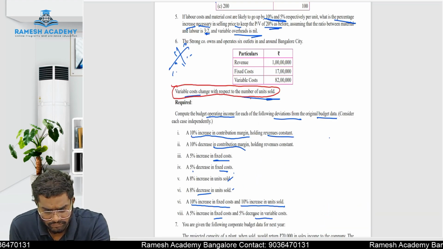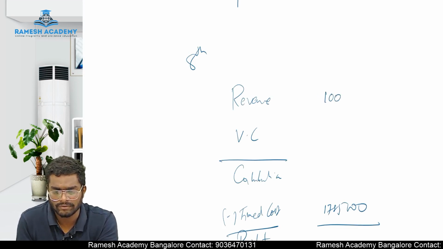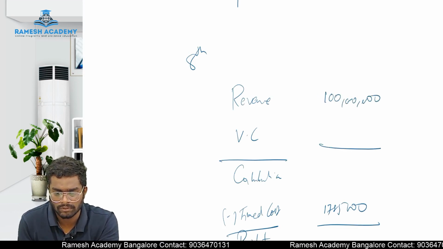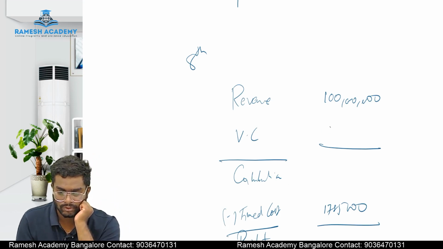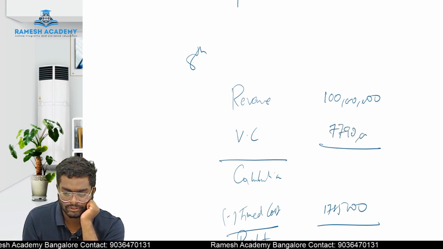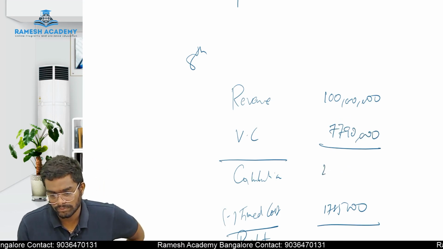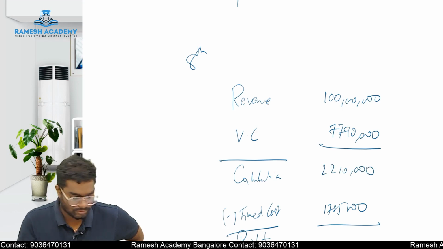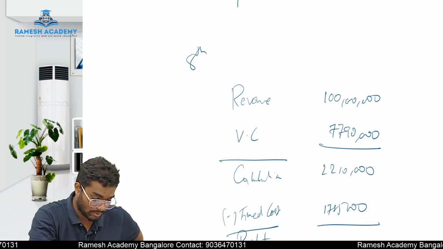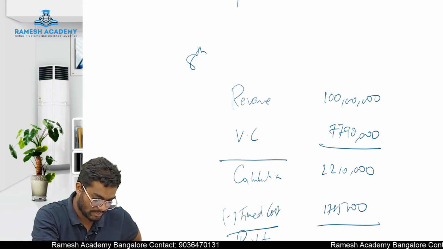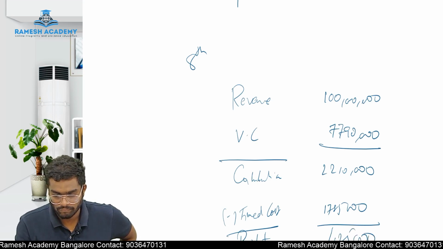Done, and there is still 5% decrease in the variable cost. So variable cost is decreased, not the revenue here. So revenue will be same. So 82 lakh minus 5% in your calculator, which will be 77,90,000. So the remainder would be 22 lakh 10,000 minus 17,85,000, which will be 4,25,000.